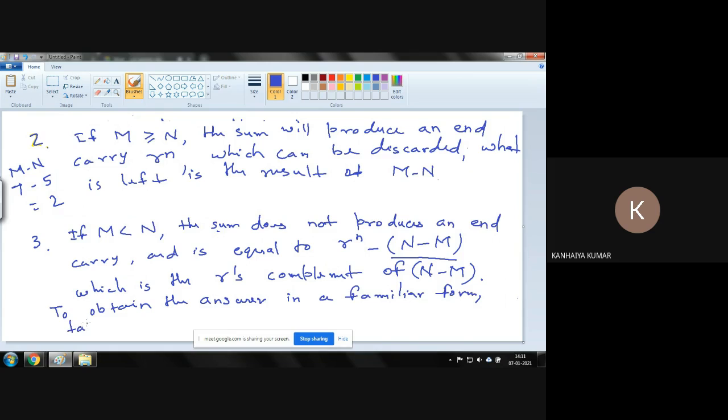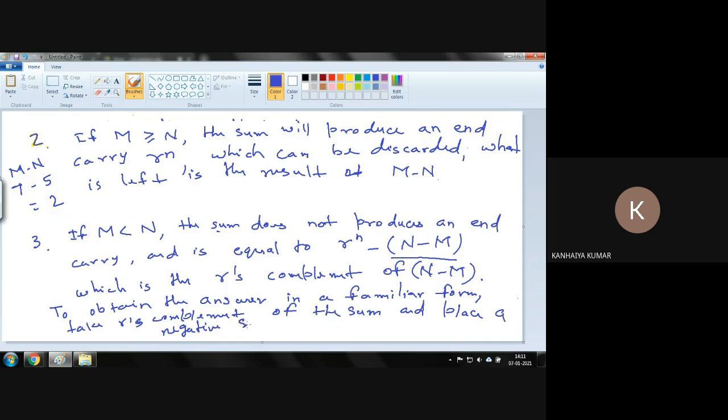So take the r's complement of the sum and place a negative sign in front, okay.